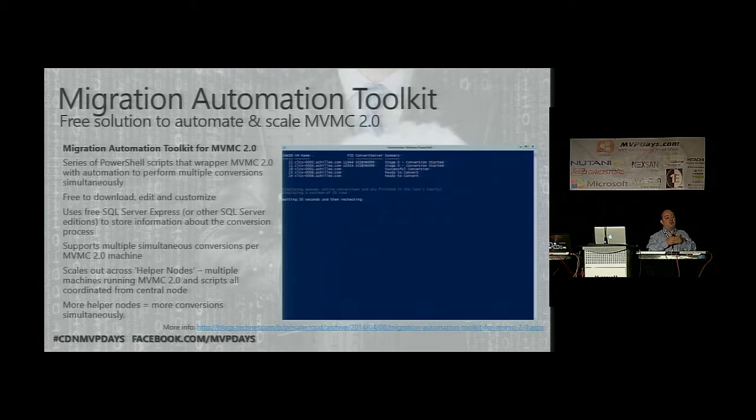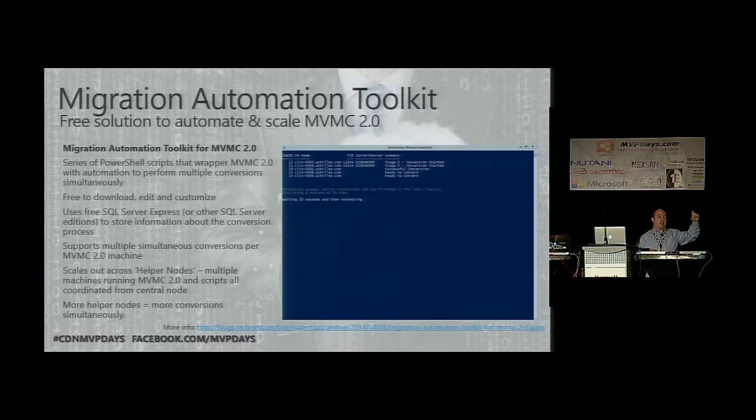So if you want to really automate this process, and if you have a couple of hundred or thousands of VMs that you want to migrate, it's starting to be a very manual and an expensive process. So this one is the way that you can do it. And with that, we can support multiple VMs converting at the same time with PowerShell. So that is a good thing. It will depend on the resources that you have, of course, how many VMs you can support.